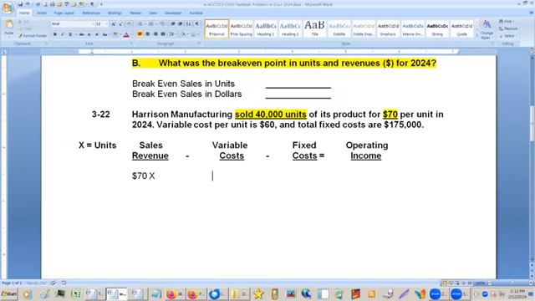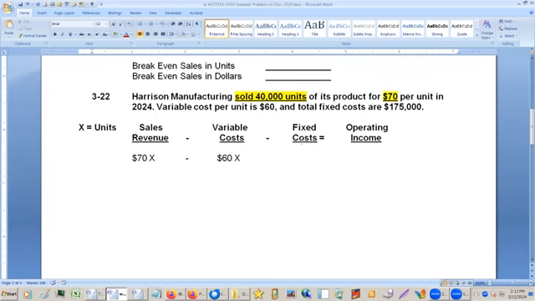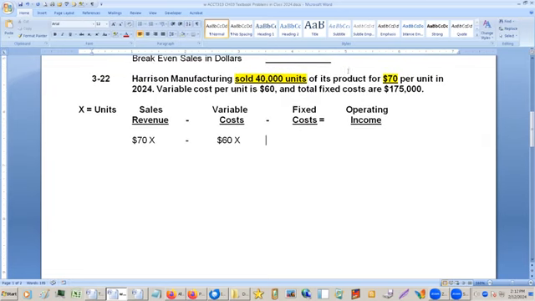And we don't know the units still, but we know that each of those is going to cost us 60. Fixed costs we do know, 175,000.